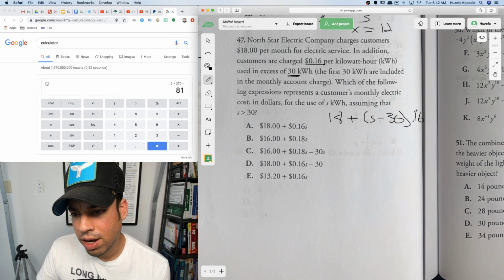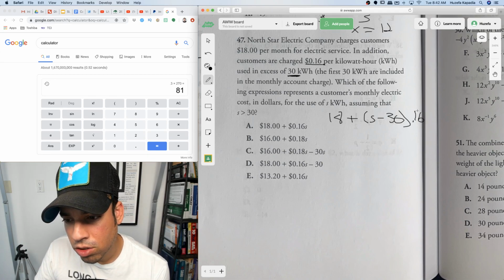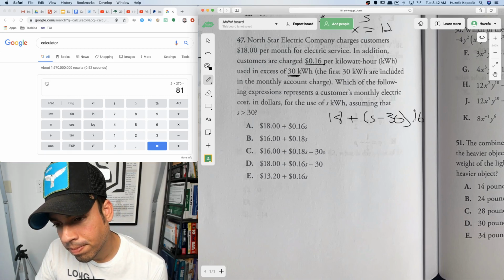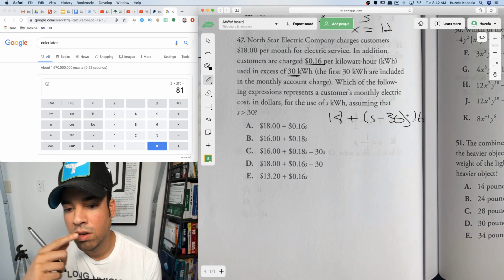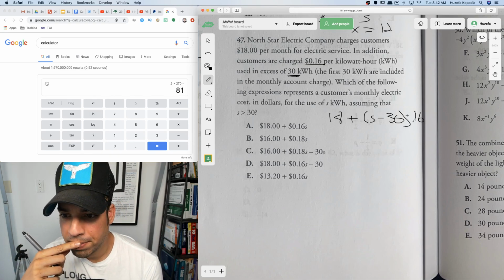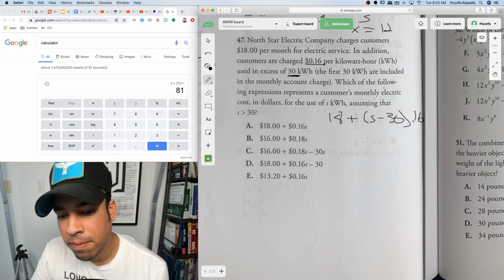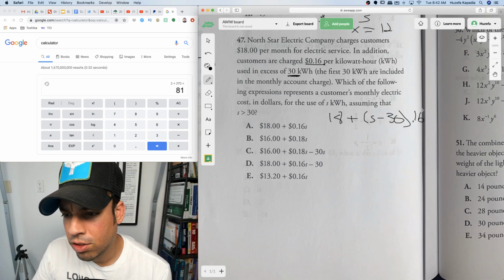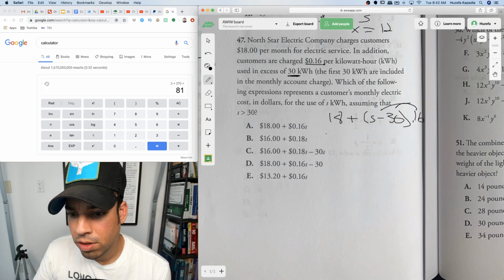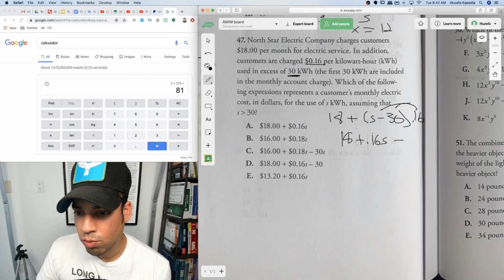And it looks like they don't have that. It looks like they distributed this. So, wait a minute. This doesn't make sense. Oh, yeah, it does. All right. We have to distribute. 18 plus 0.16s minus, and then what's 0.16 times 30?